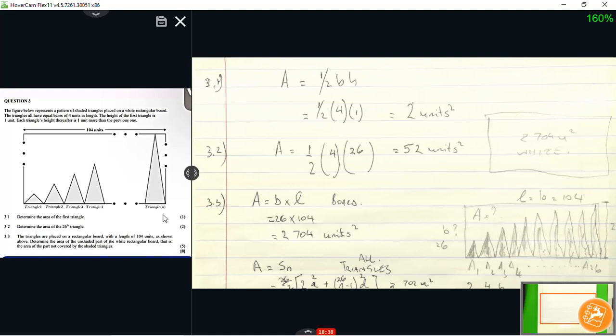Which topic is this question from? If I know that this topic is from sequences and series, I must know that along the process, I am going to deal with all the symbols of that topic. I must deal with an A, a D, an R, an N, an SN, sum to infinity, all those things. So your mind must play around these things.